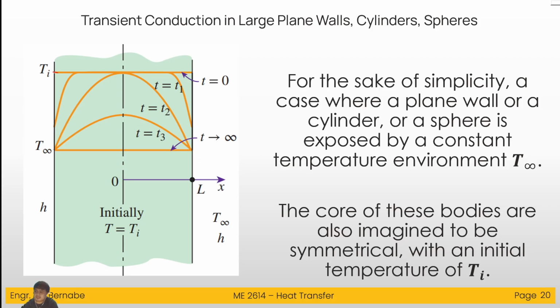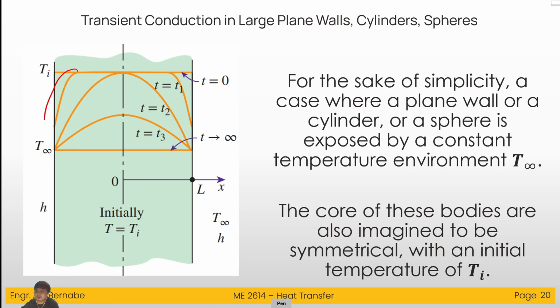So let's say you have this initial temperature, which is a high temperature, and then the temperature of your environment is at most this. So you have a hot body, and then you have a cool environment. What happens if it is exposed in this low temperature environment?